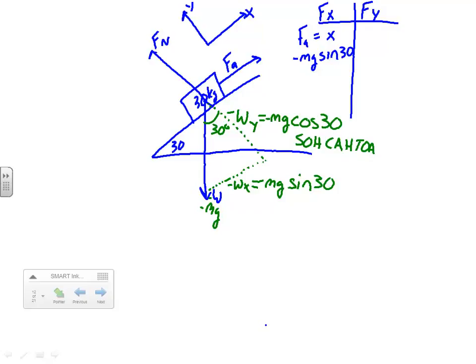Which there will be no acceleration in the y direction if you've set your axes up correctly so that the y direction goes exactly with the normal force and the block is not bouncing up and down. Alright, so again, if the block is not bouncing and there is no friction, we can ignore the y direction.